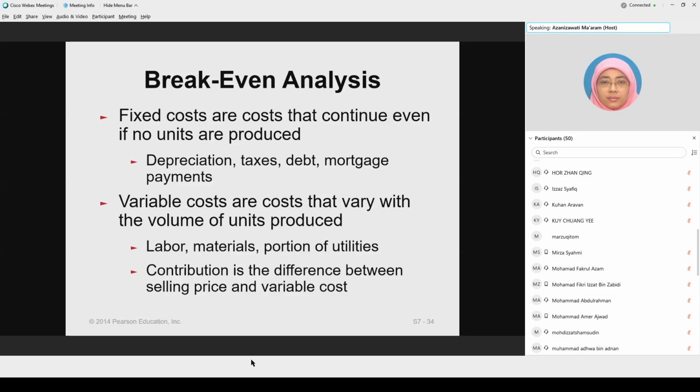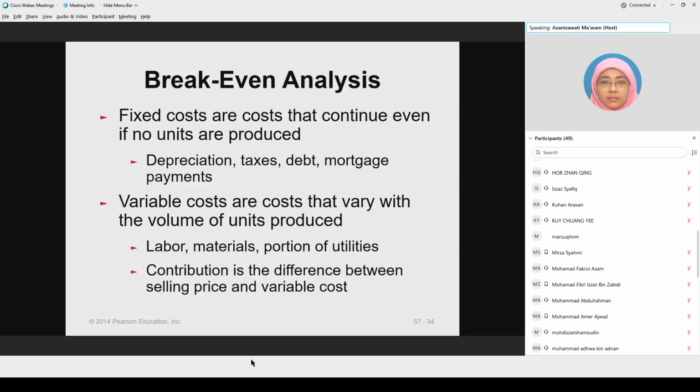For example, labor. Okay, if you produce 500,000 units, you need 10 labor. But if you produce 500 units, 500,000 units, then you may need similar number, okay, 10 people, 10 laborers, but you need to pay them extra because they need extra time to produce another 300 units.